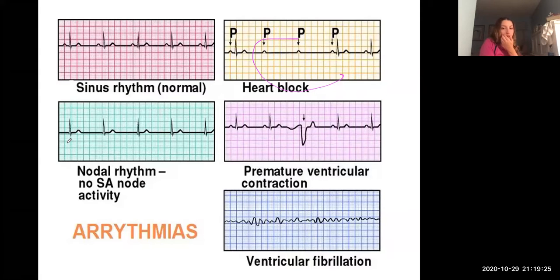And right here, it says no SA node activity. See how there's no P wave? There would be a little wave right here. So you could say that because there's no P wave, there's no SA node activity, because it can't go backwards, or it should never go backwards. If it goes backwards, we have problems. Okay.